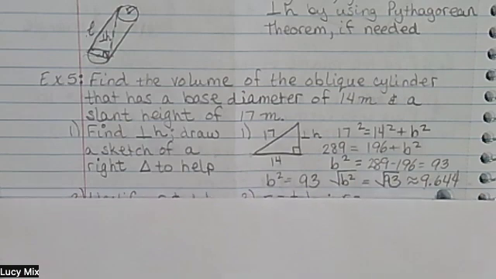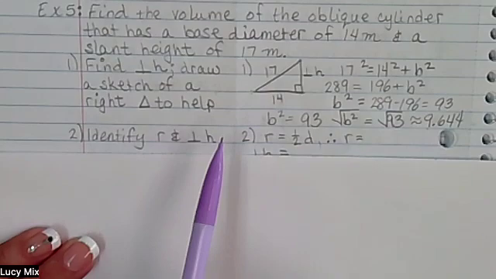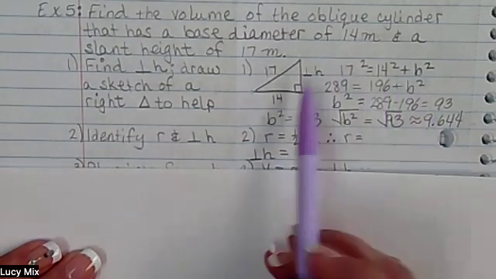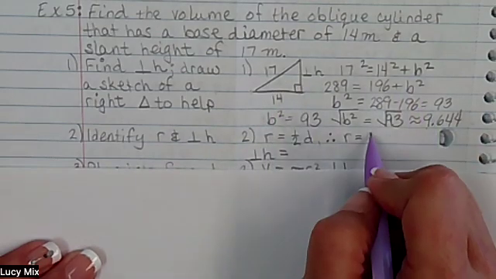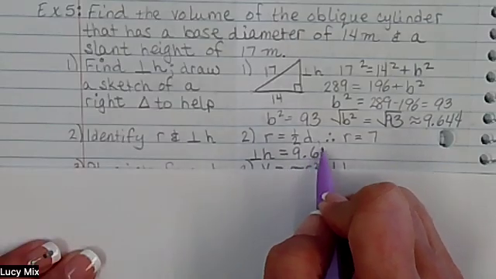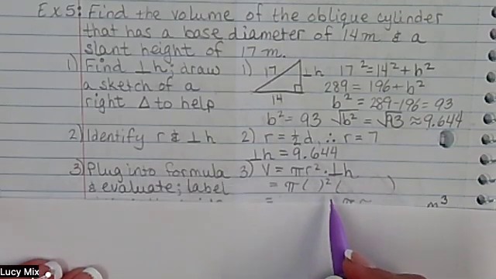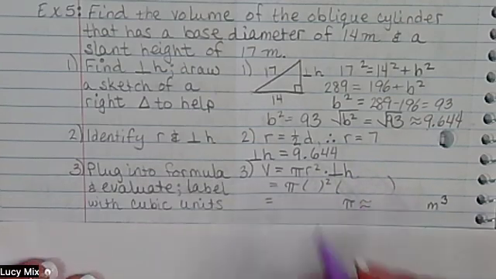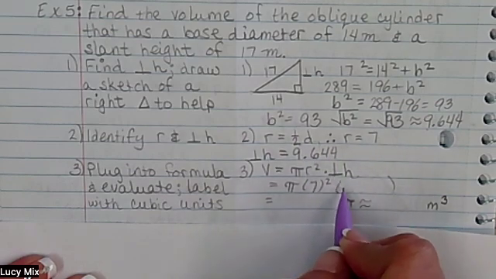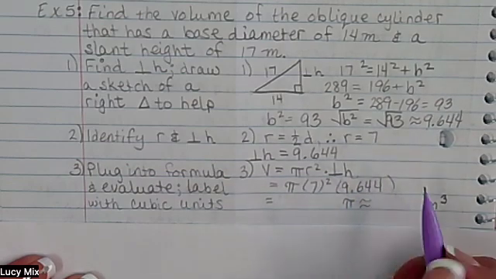So now we know our perpendicular height, and we need to identify the radius. Radius, remember, is half of the diameter. If the diameter is 14, half of that we know is 7. Perpendicular height, 9.644 approximately. Plug that into our formula. So radius 7 squared times 9.644.